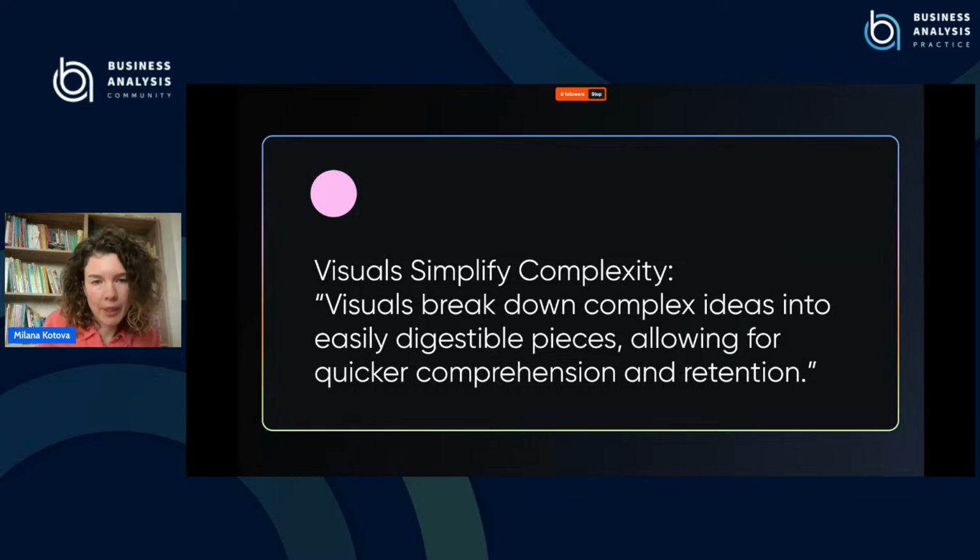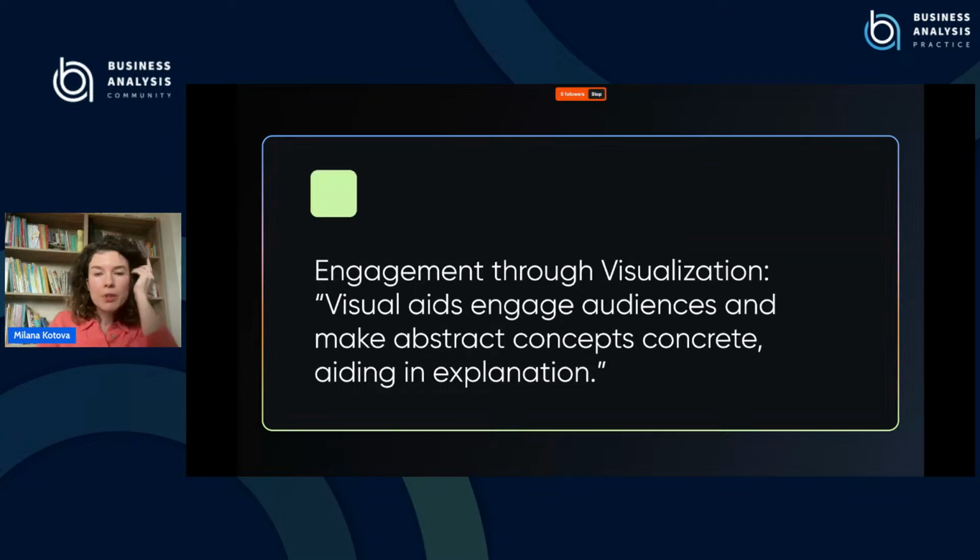Visuals simplify complexity. They break down complex ideas into easy, digestible pieces, allowing for quicker comprehension, understanding, and retention. Engagement through visualization is also key. As I mentioned earlier, it engages the audience and makes them cooperate, which is absolutely key for a business analyst and for the entire development team.